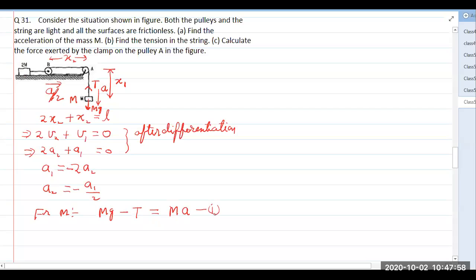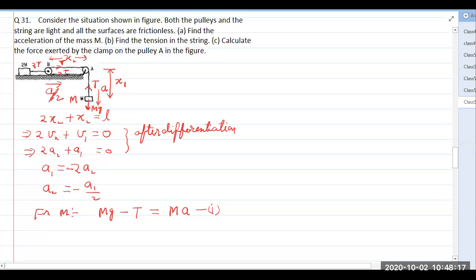Similarly, if we write for the second object, one thing we can see here is, if the tension here is T and this one is also tension T, then this one becomes tension 2T.